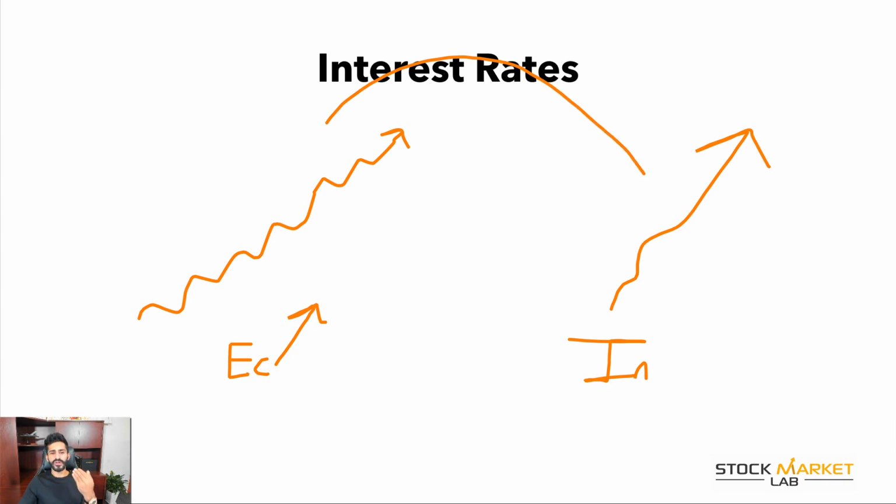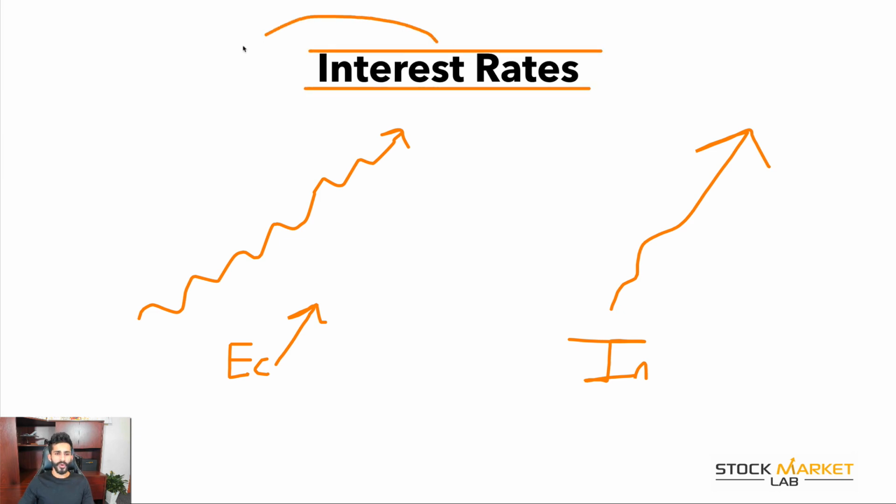So the Federal Reserve kicks in and they're like, okay, how do we slow the economy down? We slow the economy down with interest rates. We make borrowing more expensive. So the increased interest rate slows the economy down. Now, how does it slow the economy down? When they increase interest rates, it makes it harder to borrow money.